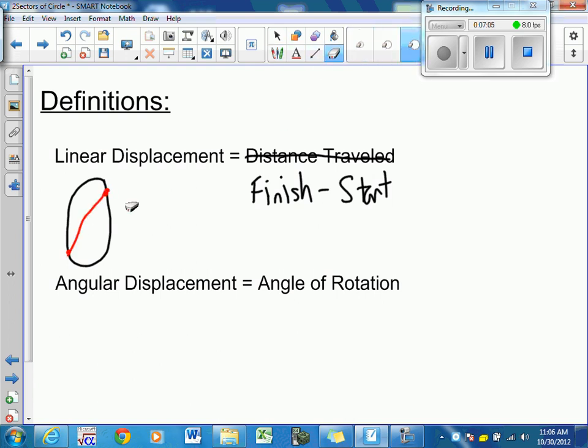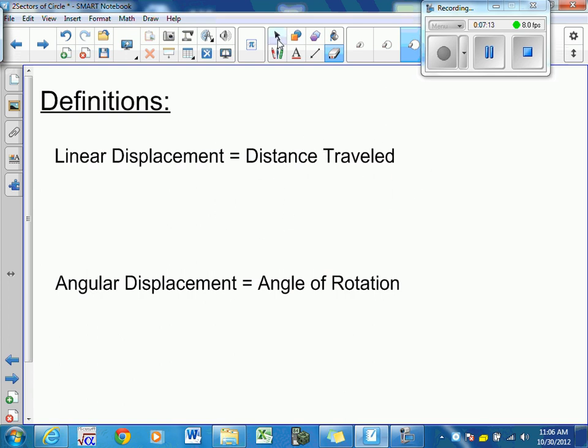The distance you traveled. Angular displacement is the angle of rotation. So for example, if I started here and I rotated this far, my angular displacement is pi over 2. I went 90 degrees. That's angular displacement.